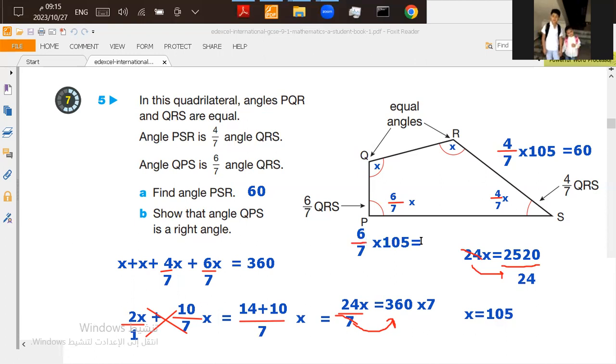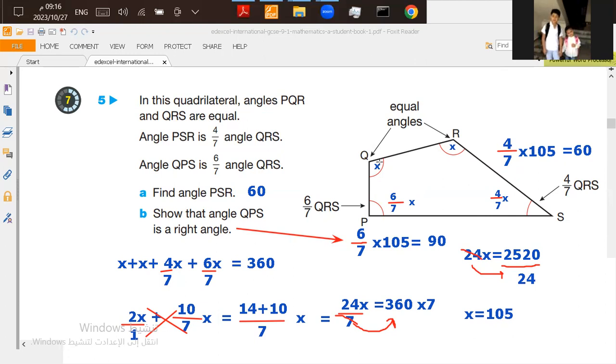So here, let's multiply 6 over 7 times 105. And yes, it is a right angle because I got 90. So you say yes. Or you already showed that by these steps, okay? So I'm going to put an arrow that takes me to this. And this is how you answer a question like this. I know it's a little bit confusing, but you should follow the steps.